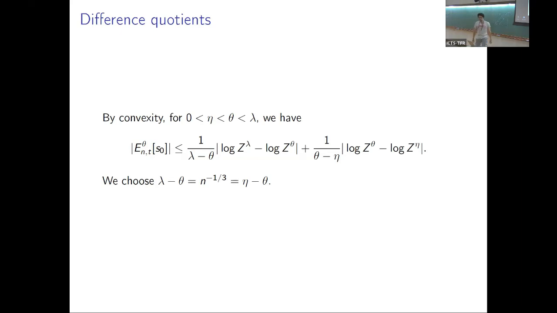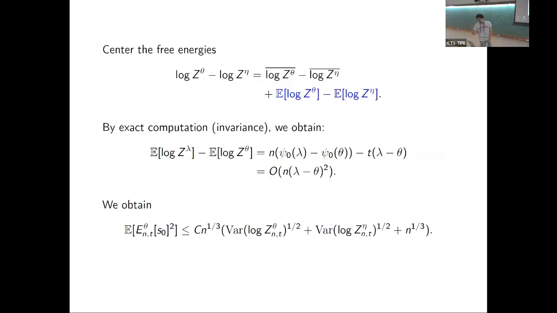So let's write difference quotients and then center them. I already told you the centering gives you this curvature, this quadratic term. And then you're done basically, because then you have the variance, which was over here. Remember, the variance is bounded by this, and then we have n to the 1/3 times the variance plus n to the 1/3. The only lie here is that there's another term with the variance at a shifted value of the parameter, so we'll have to deal with this. But that's easy. That's also monotonicity.